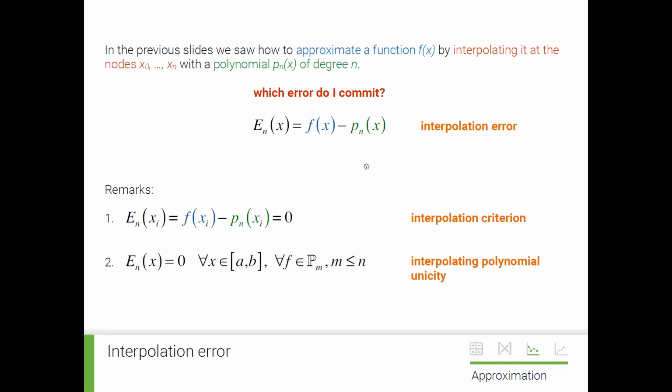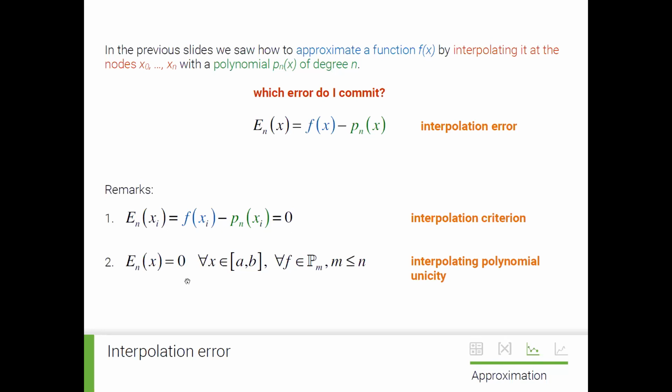And remark, the first equation, where e_n of x_i equals 0, we call the interpolation criterion, where e_n of x_i equals f of x_i minus p_n of x_i, equal to 0 at the nodes x_i.